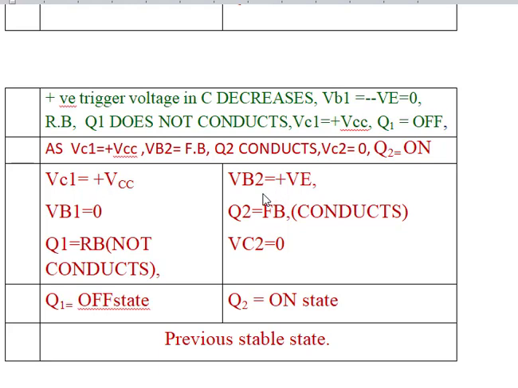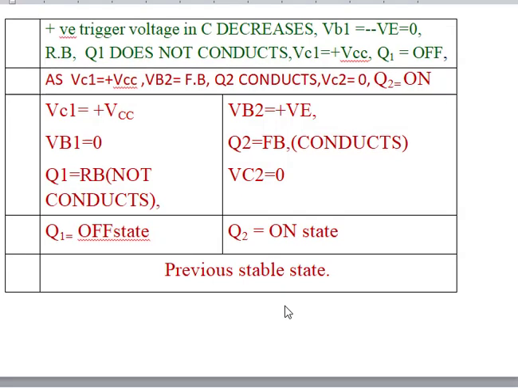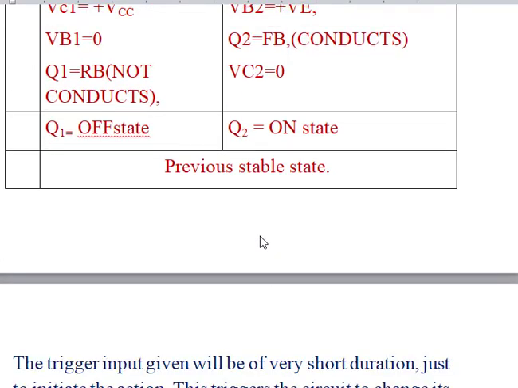In the second transistor, the base is positive, so transistor Q2 is under forward bias, so it starts to conduct. Automatically its output voltage is 0, and it is shifted to its previous stable state. Now Q1 is in the off state and Q2 is in the on state. It is nothing but the previous stable state.